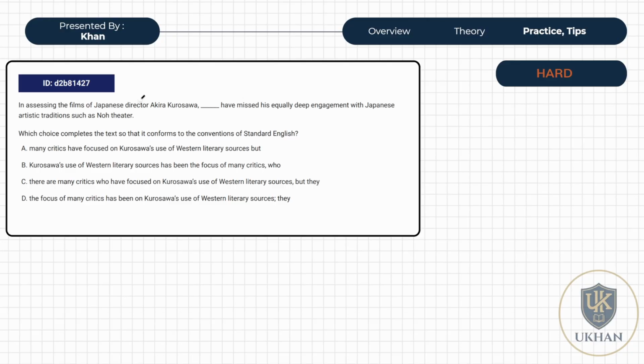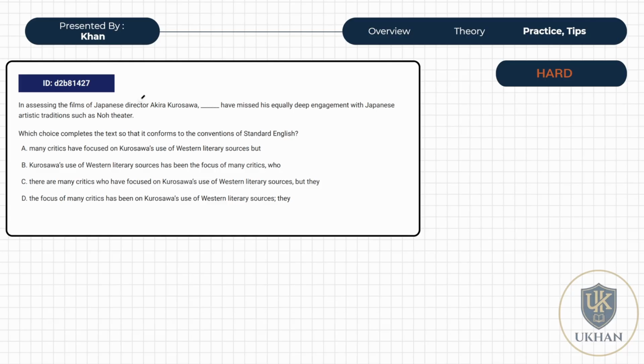It's going to be critics. Not Kurosawa's use, not the focus, not there. Critics are the ones who are doing the assessing. So the noun that follows the comma must be a word that refers to critics or the word critics itself. Step 4 is to eliminate.